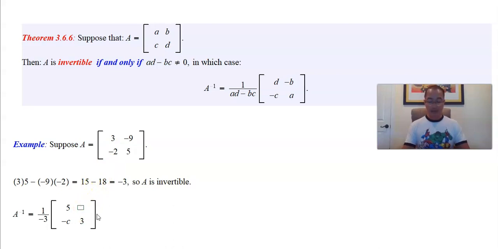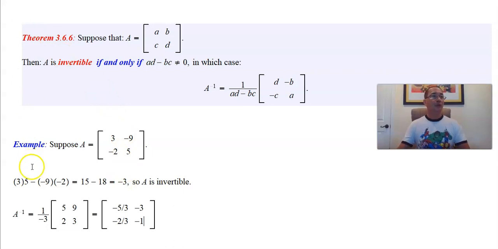So negative 9 becomes positive 9, and negative 2 becomes positive 2. You can leave that answer as it is, or if you like, you can put that fraction inside. So you can change the entries. That first will be negative 5/3. We can write it this way. 9 over negative 3 becomes negative 3. 2 becomes negative 2/3. And 3 becomes negative 1.